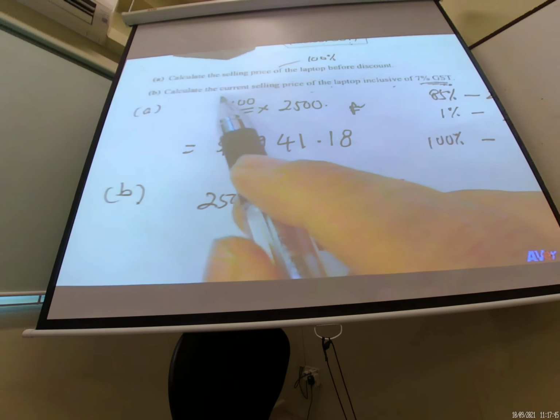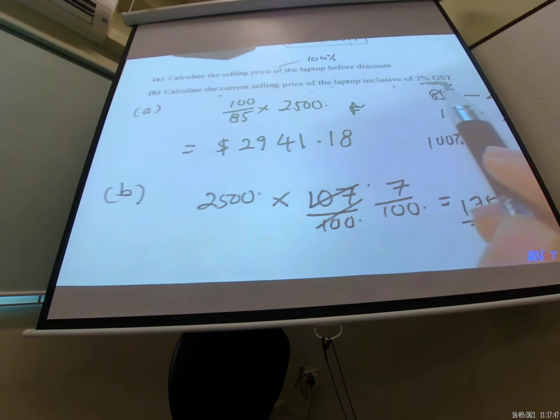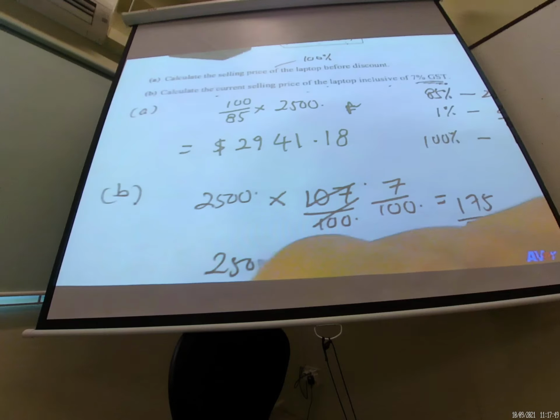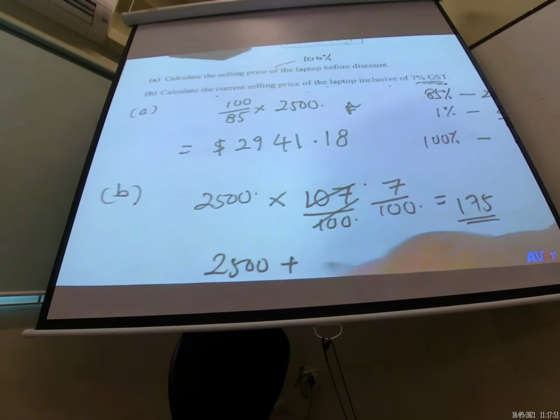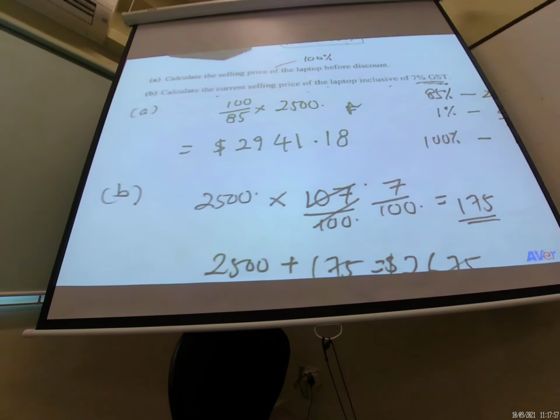Then your selling price inclusive of GST will be 2,500 plus 175 equals $2,675.